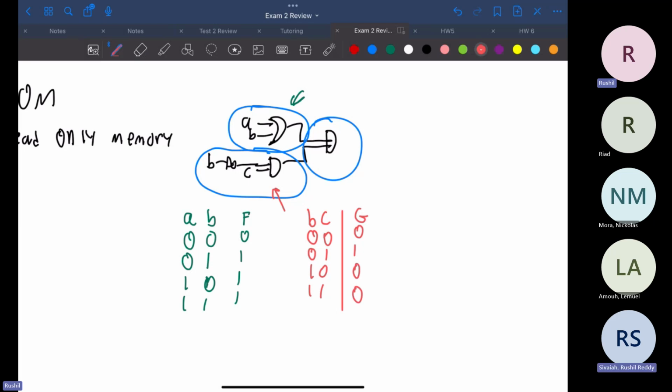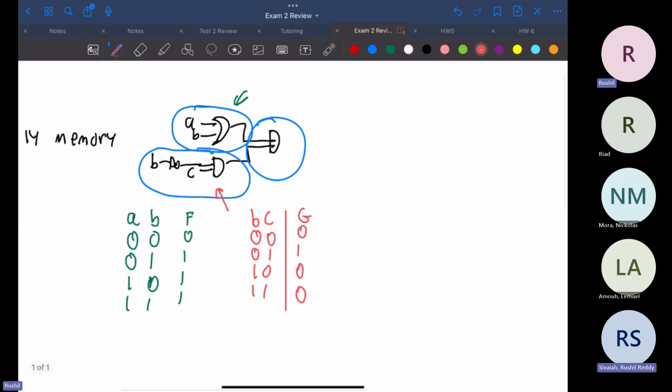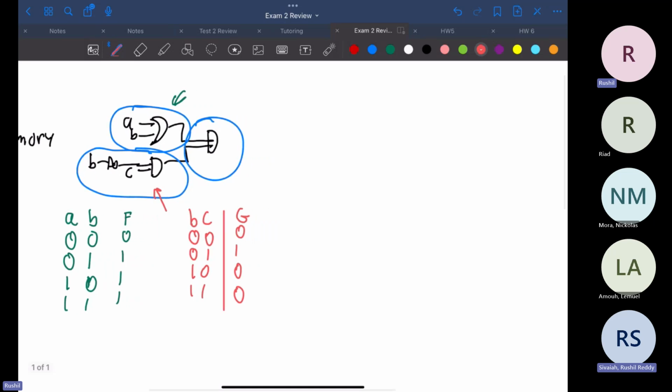Is that what everybody got? If you have any questions, ask now. Since B is inverted, that means B has to be a 0 and C has to be a 1, because it's going through an AND gate. We're combining both the inverter and the AND gate.